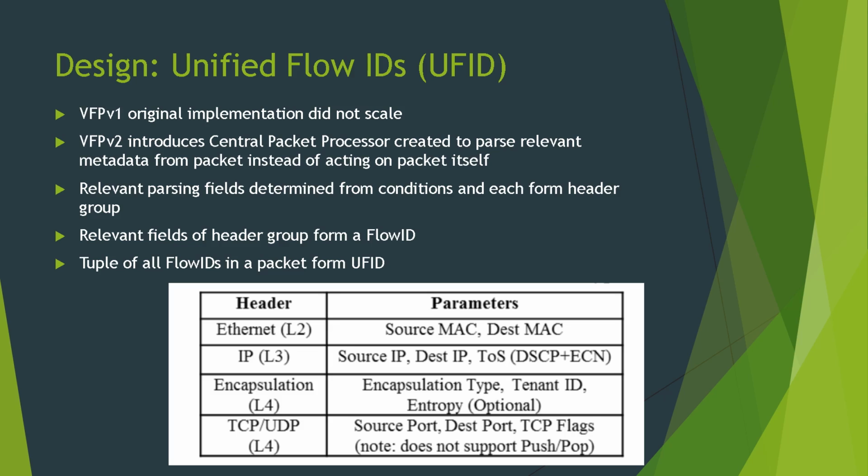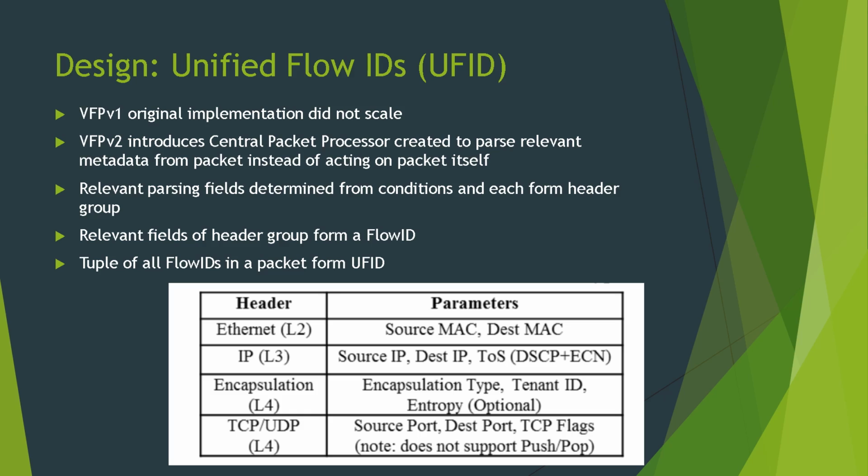In VFP version 2, the developers created a method that would only allow packets to be touched at the end of the pipeline once all relevant match action decisions were made. The devs did this by introducing a central packet processor, which was created to parse relevant metadata from the packets instead of acting on the packets themselves.